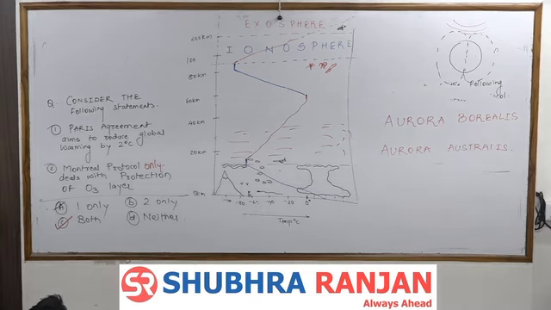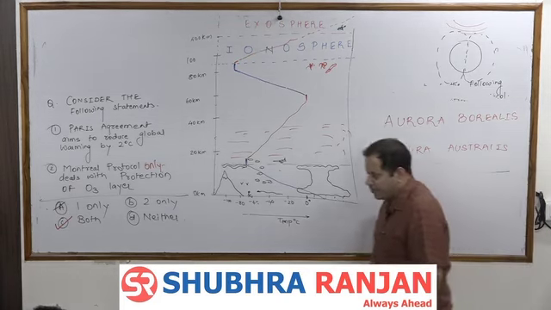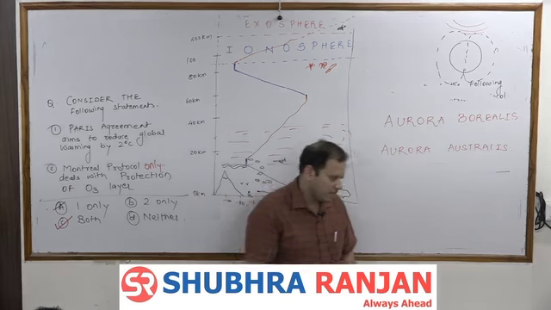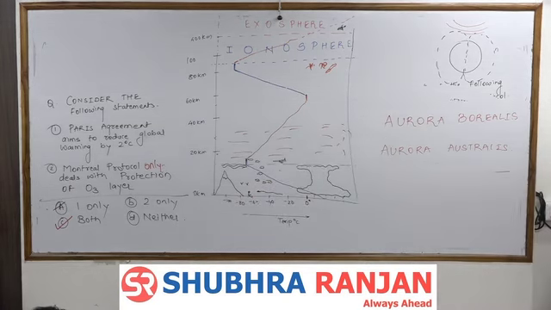In the ionosphere, this is a layer which has the presence of electrically charged particles, known as ions. They reflect the radio waves back to the Earth.